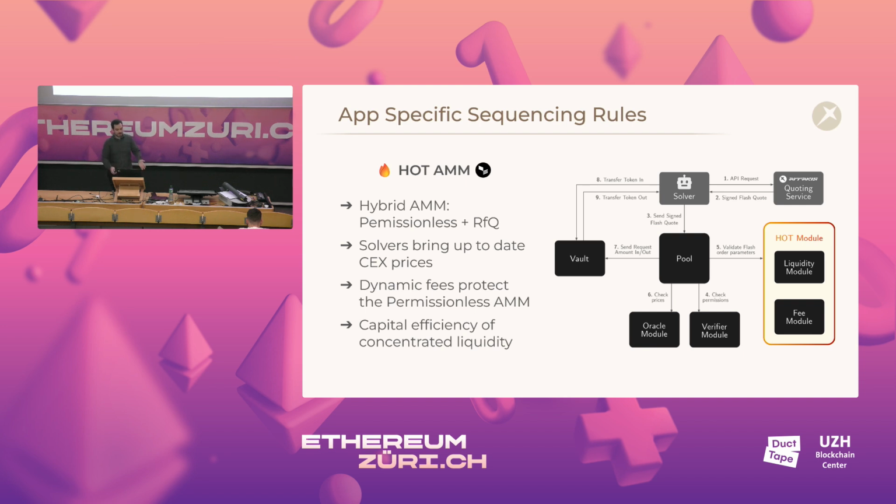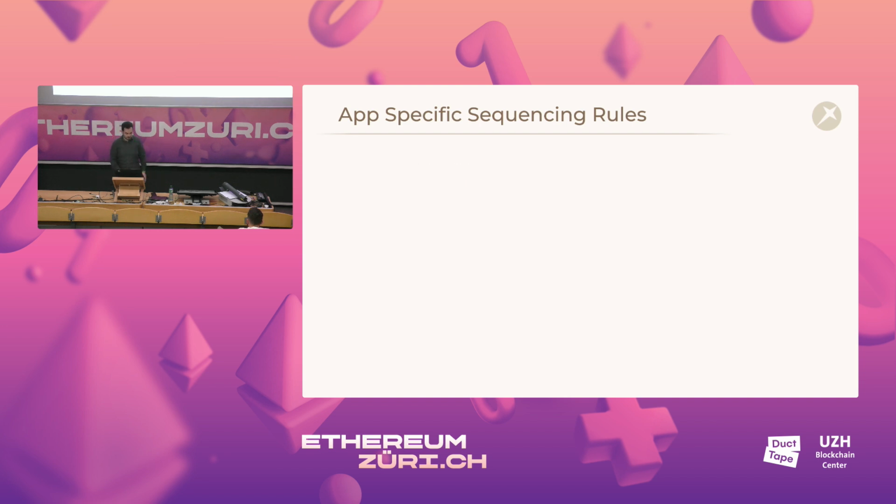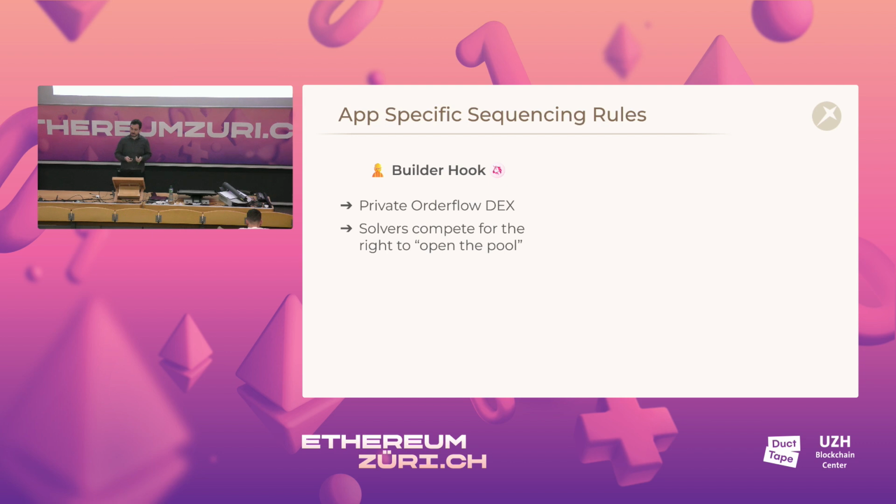So that's one example. Another example we're building with Uniswap v4 is quite similar to the previous one. We will just focus on private order flow. In this case, solvers compete for the right to be the first ones to actually transact against our liquidity. So they open the pool.